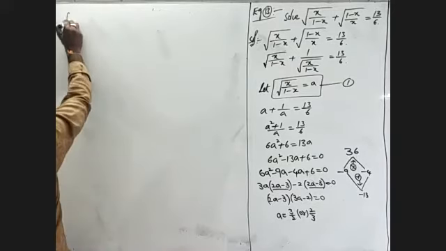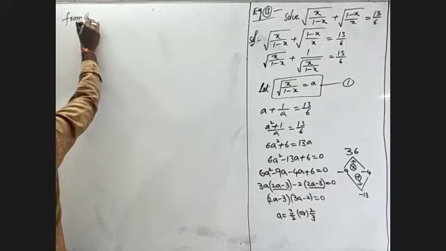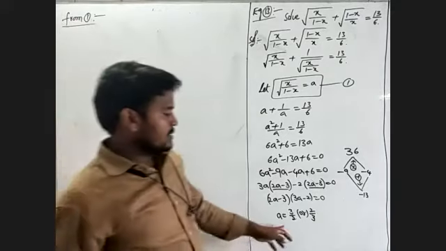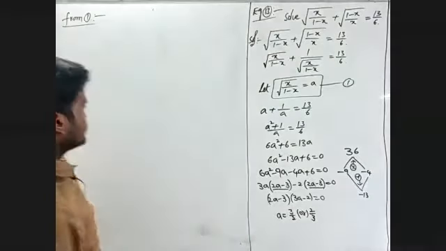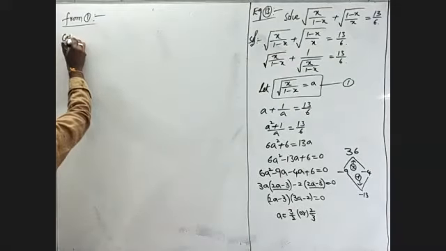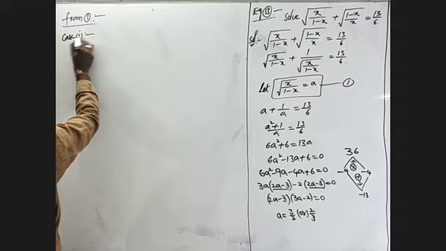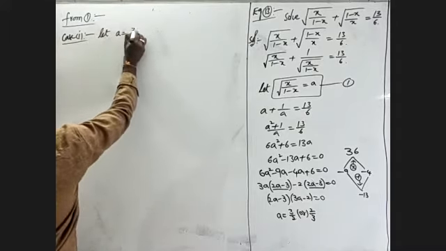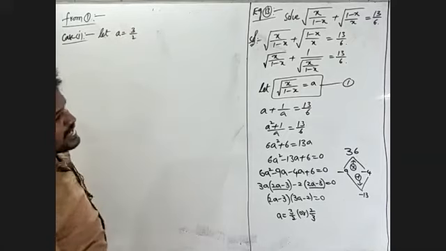Now we have two cases, where a is equal to 3 by 2 and a is equal to 2 by 3. First, case 1: let a is equal to 3 by 2. What is common here?